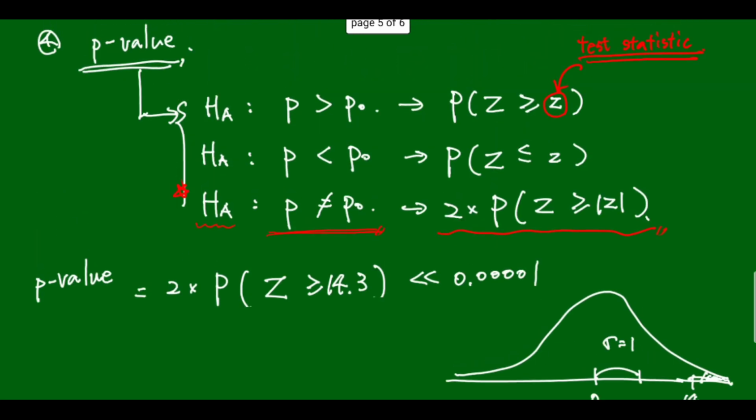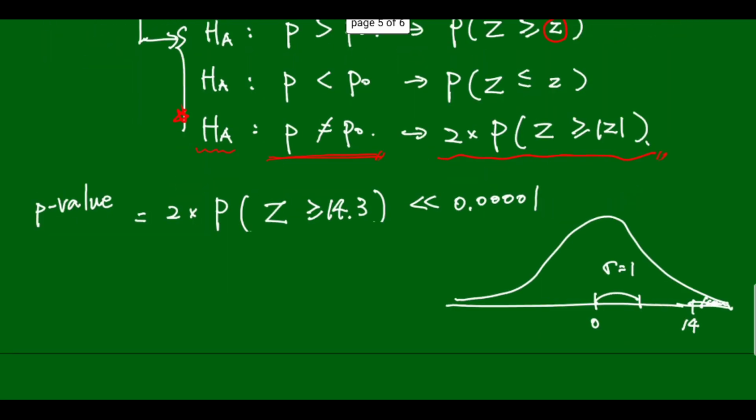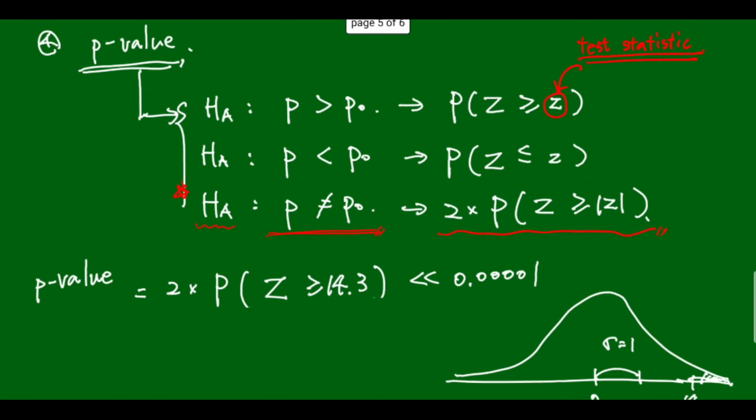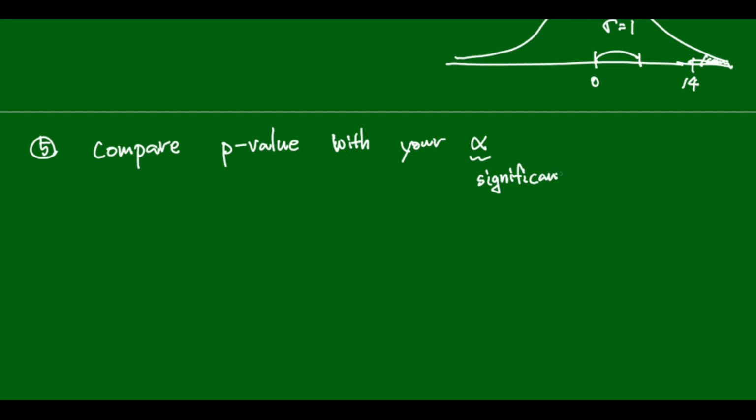So maybe my final step can be to compare the p-value with your alpha, which is the significance level.